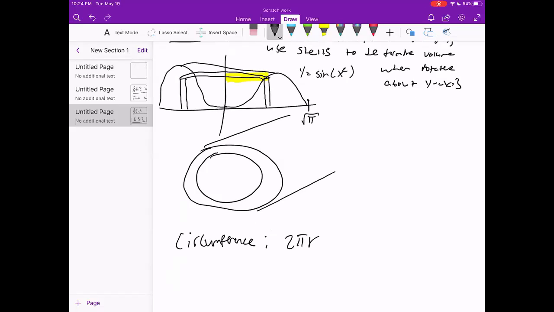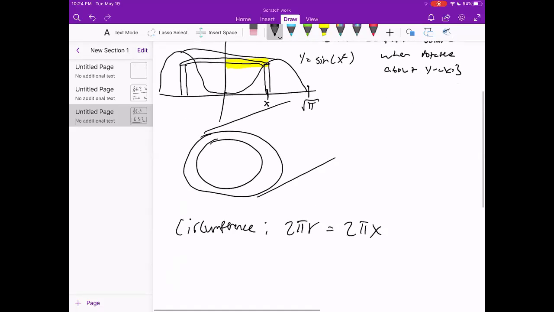You can see it's just given by the x coordinate, so this is just going to be 2 pi x. Whatever the x coordinate of my shell is, that's the radius. And the height, very similarly, is the y coordinate, and the y coordinate is sine of x squared in this case.